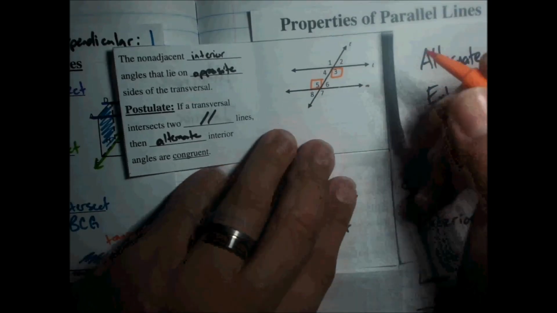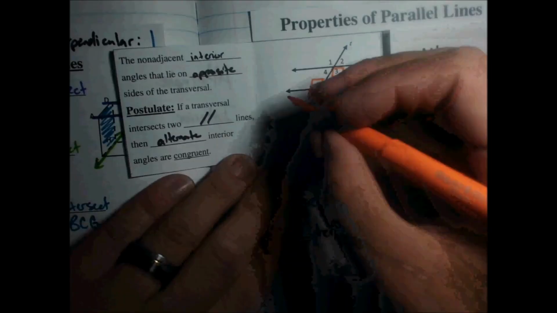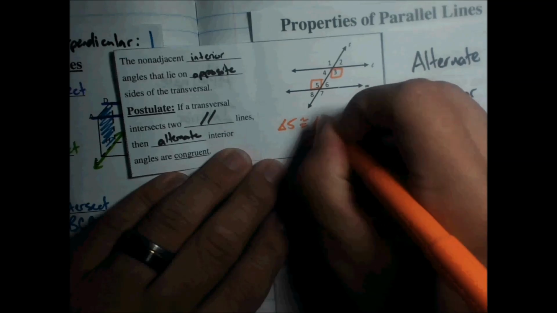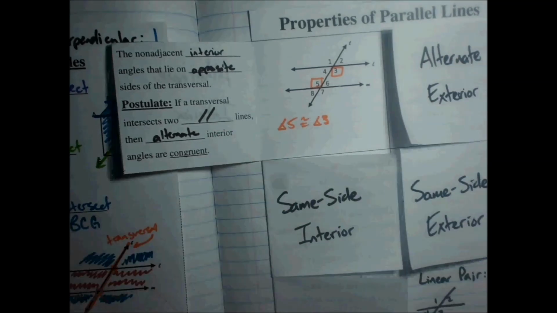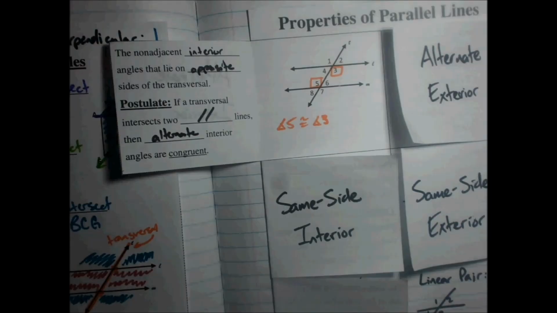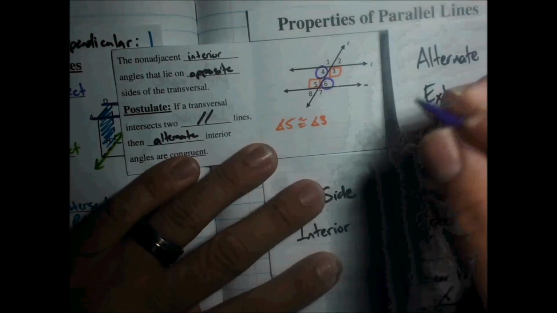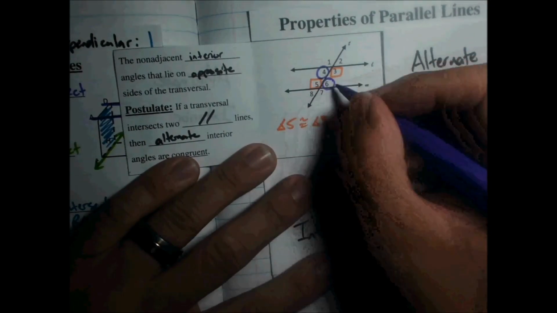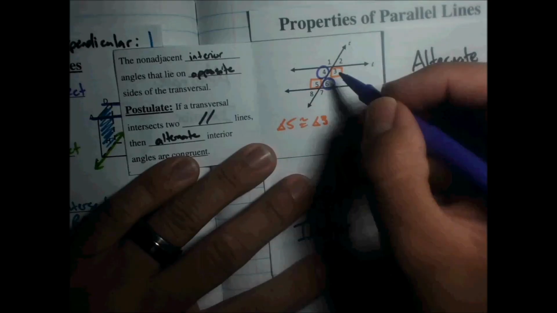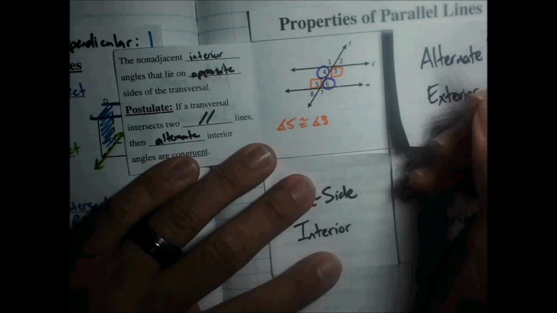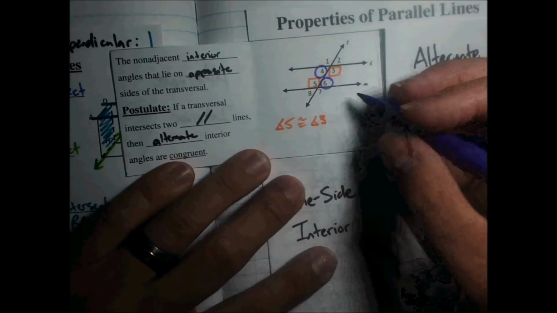Whereas the other pair of opposite interior angles would be 4 and 6. Right, they're on different sides. One's on the left, one's on the right. But they're also between our two lines. Again, they're on the inside. So angle 4 is also congruent to angle 6. Circle, circle, square, square. A lot of different ways to recognize them. So let's continue with that.